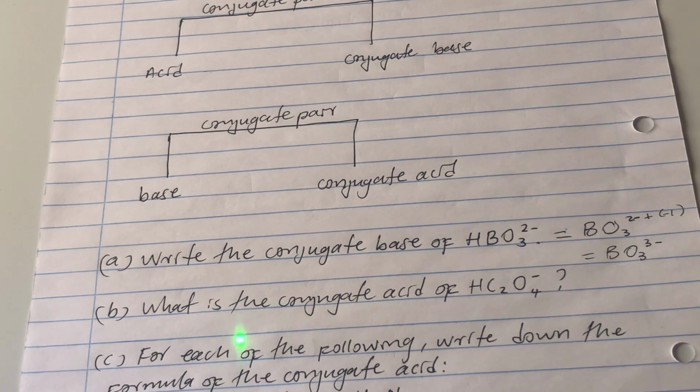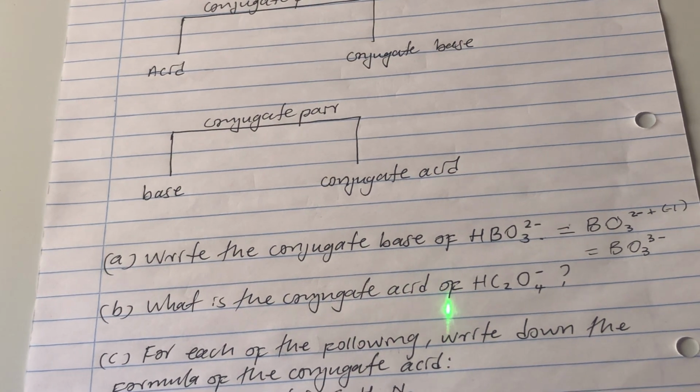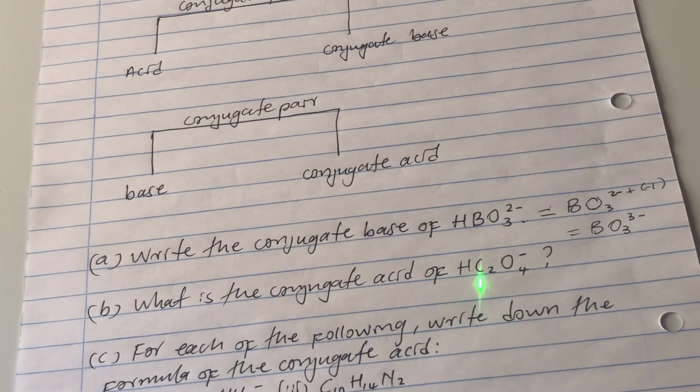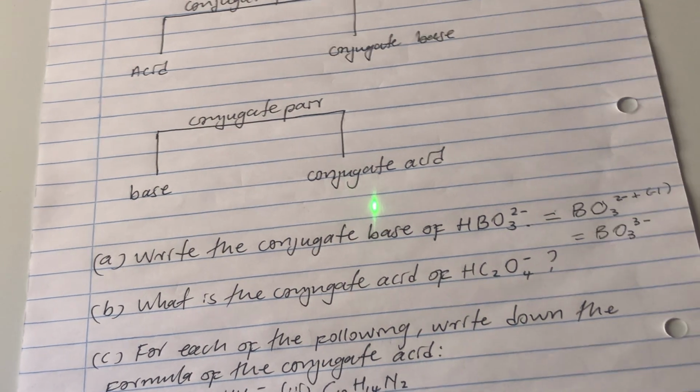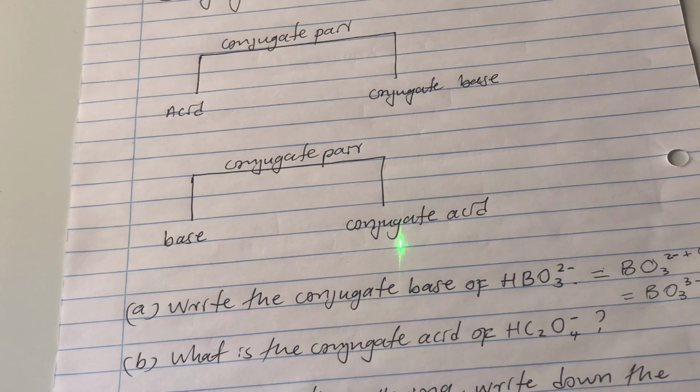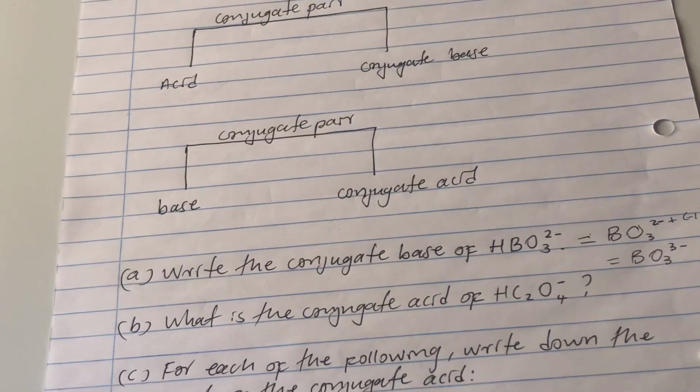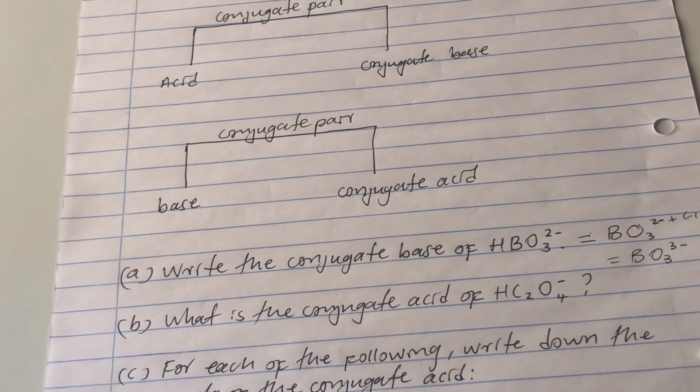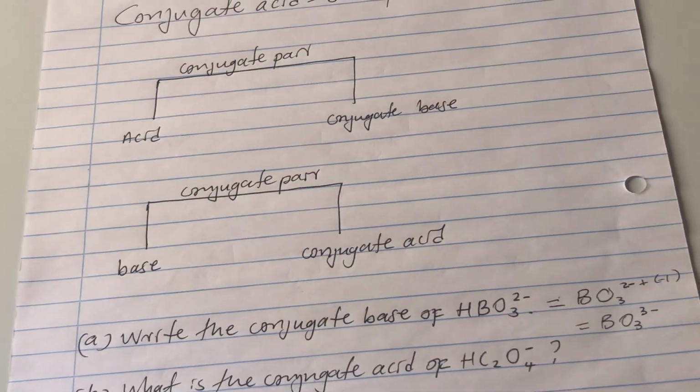What is the conjugate acid of HC2O4 minus? We want the conjugate acid, which means that we're given the base, and the base must accept a proton. So the following will happen.